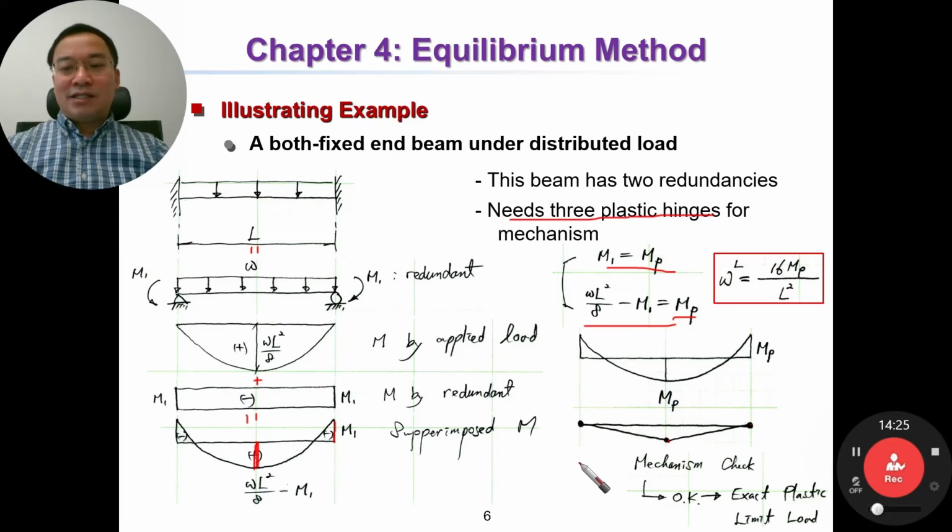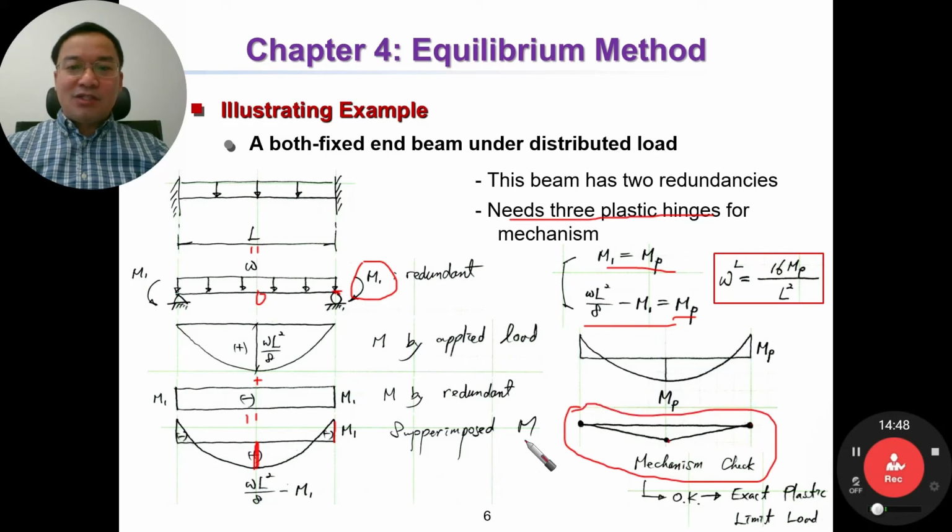Then it is the exact plastic limit load. Because this problem is simple, it is very easy to assume MP here and MP here, and we can easily check the mechanism.